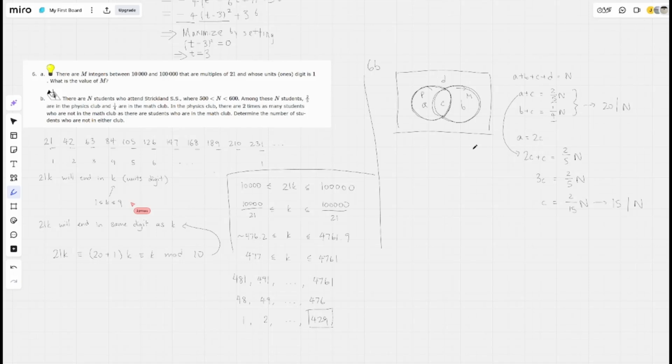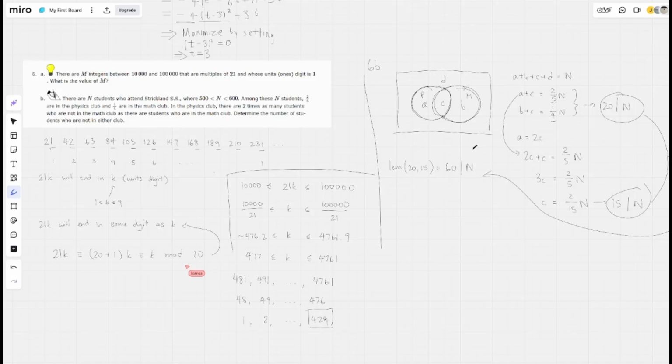If we take both of these two conditions and combine them over here, we note that if a number is divisible by two other numbers, then it's also divisible by their lowest common multiple. Therefore, the LCM of 20 and 15, which is equal to 60, divides n.